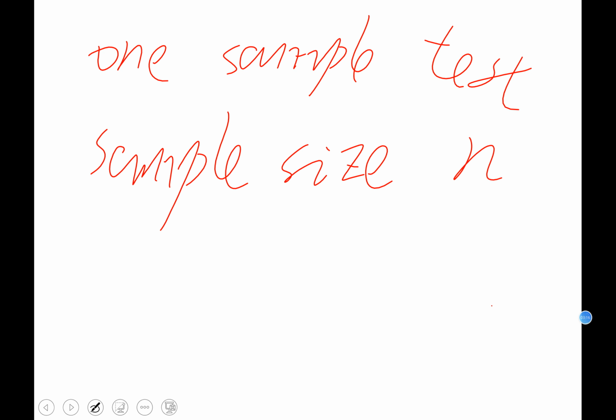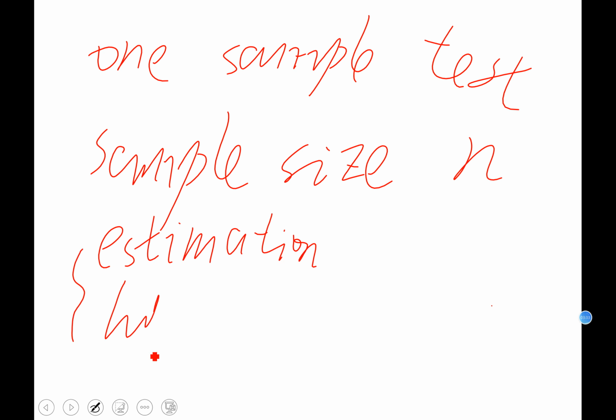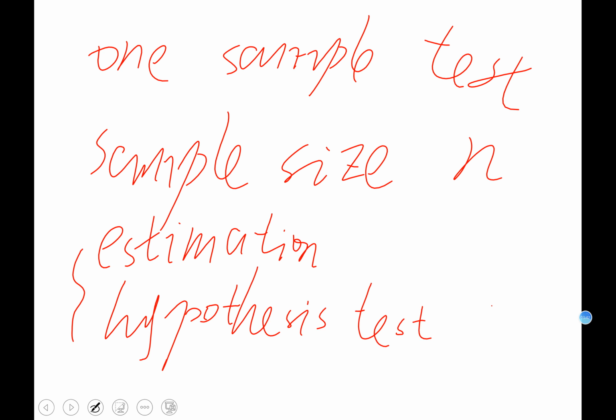And in statistical inference, we have two methods. The first one is estimation. And the second one is hypothesis test. In Chapter 5, all the methods we have learned are based on one sample.